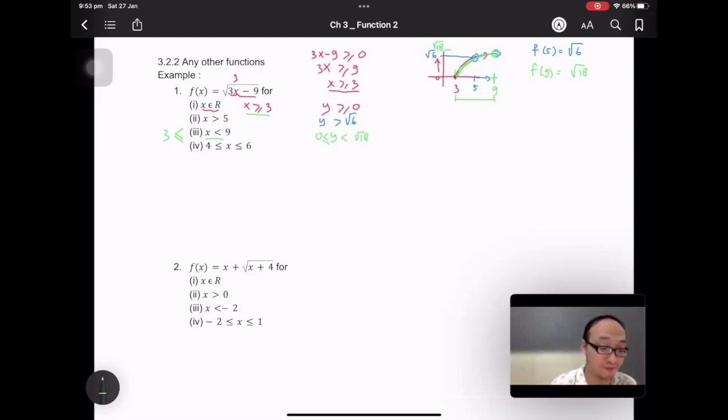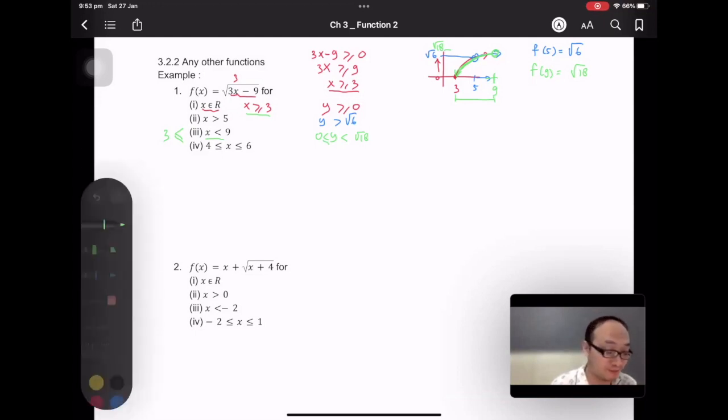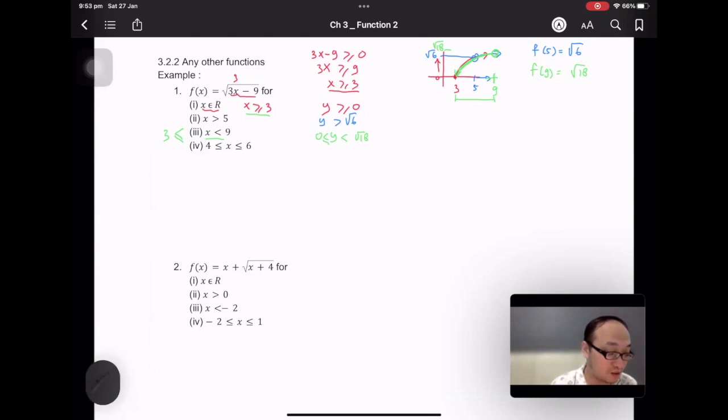And the last one, 4 until 6. This will be easy because this is a one-to-one function, f(4) and f(6). So f(4) will be square root of 3 and f(6) will be 3. So 4 is here, inclusive, it will be square root of 3.